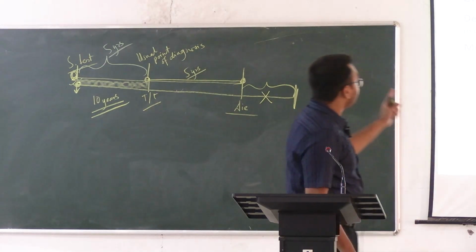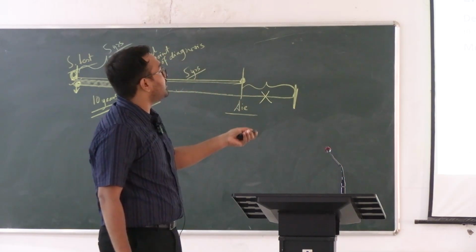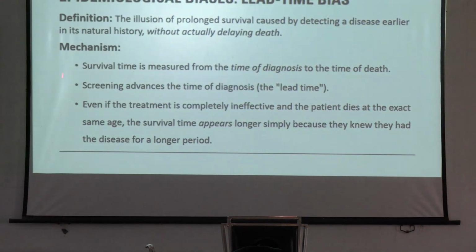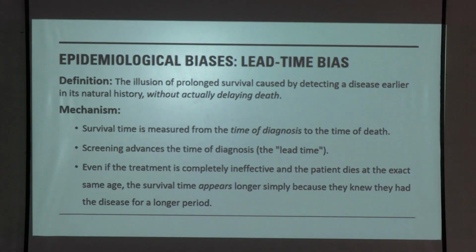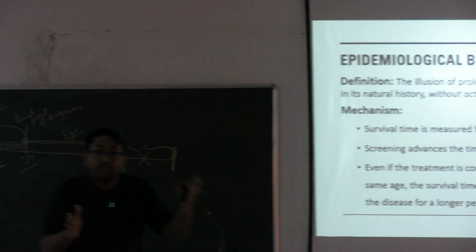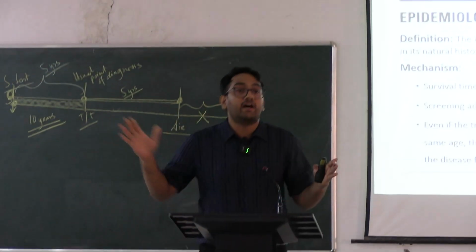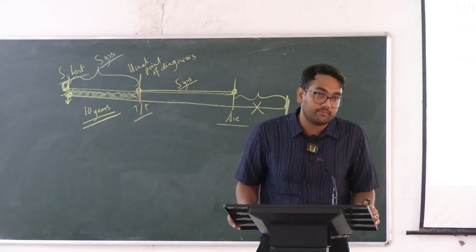Okay, this is known as lead time bias. So as you see, survival time is measured from the time of diagnosis to the time of death. Screening advances the time of diagnosis. This is known as the lead time. The advancement in the time of diagnosis from the usual point of diagnosis done by a screening test is known as the lead time.